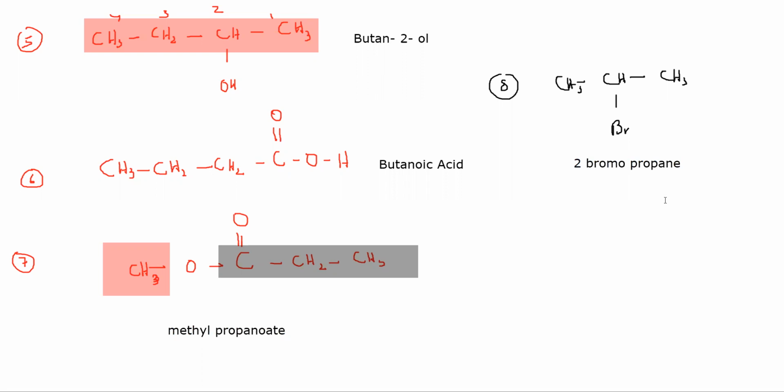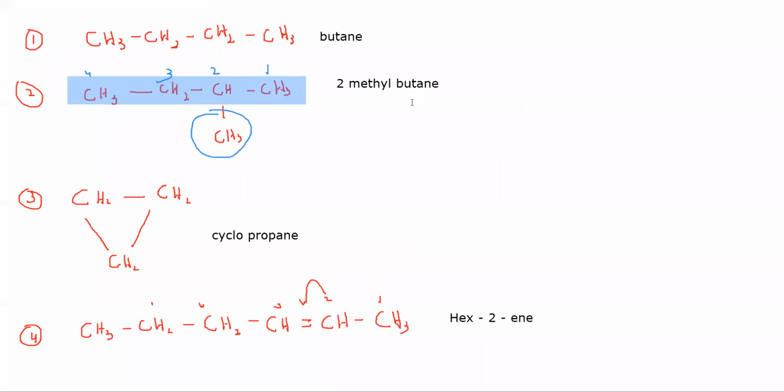So you should be able to name these hydrocarbons according to the structure. If anyone wants to see the previous examples, you can take a screenshot. This is just the example which I gave. You already drew these structures before. Just to recall the idea, I gave this example again.